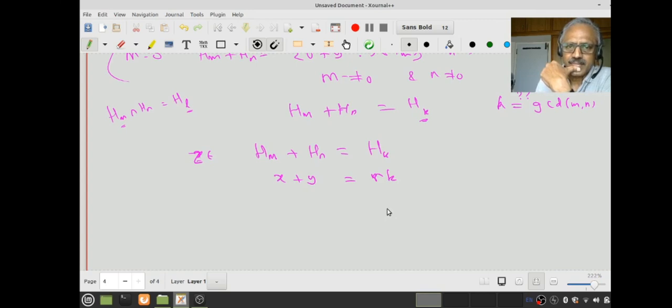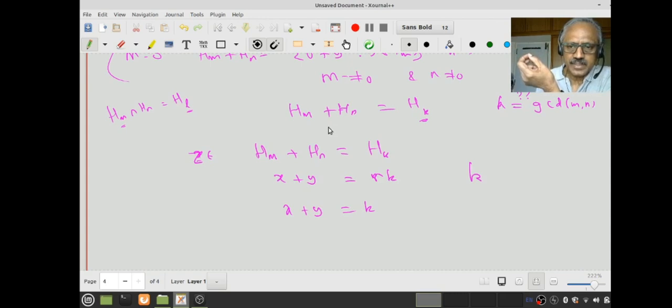Now notice that this K must be an element of here, right? Therefore there exist X and Y so that X plus Y equals K, in particular. Given K must be a sum of two elements from HM plus HN.